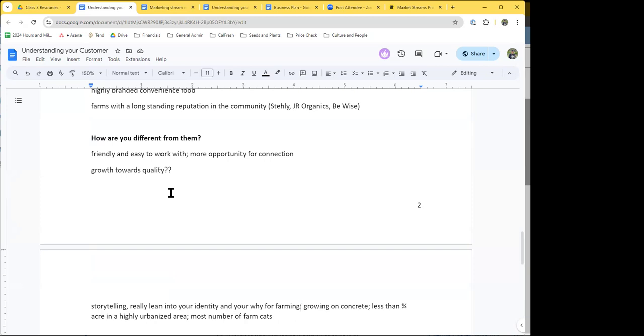Yeah, because I think we're having to move into that space as there's more small local farms going into the same places. How are we different? We can't compete necessarily on cost or price. We can compete on storytelling and brand alignment.